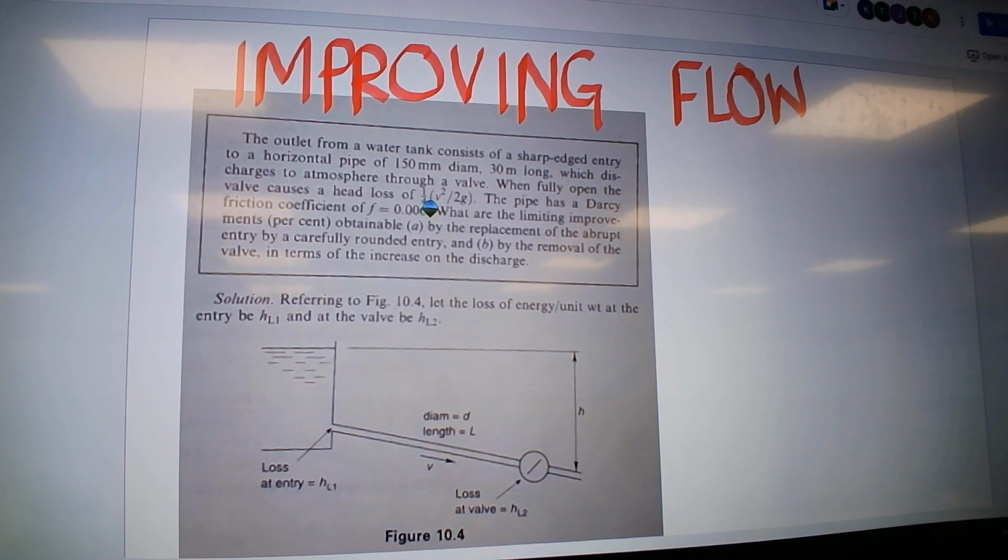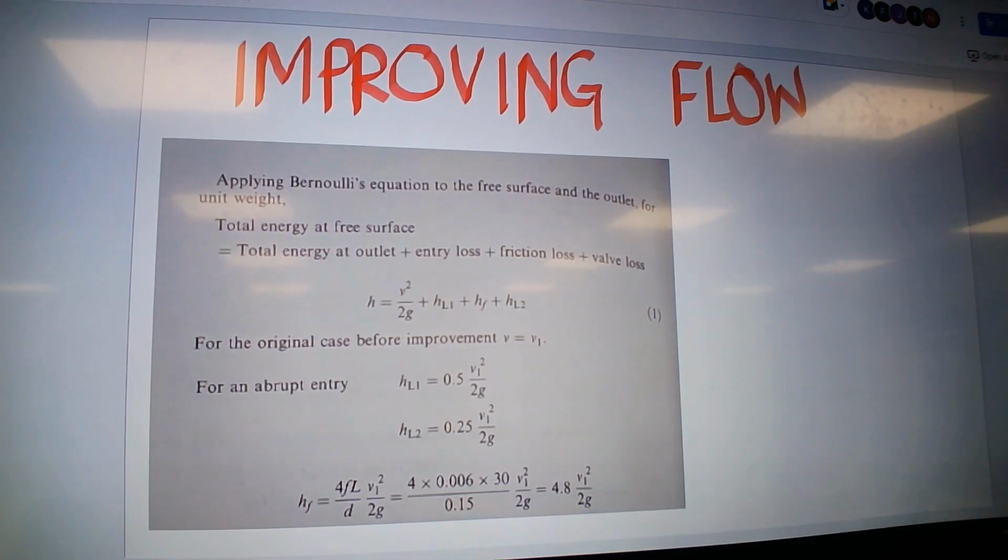What are the limiting improvements obtainable by replacing the abrupt entry of the pipe, or by removal of the valve, in terms of the increase in discharge? If I just remove that valve, what improvement can I make? If you go to the next one, please.